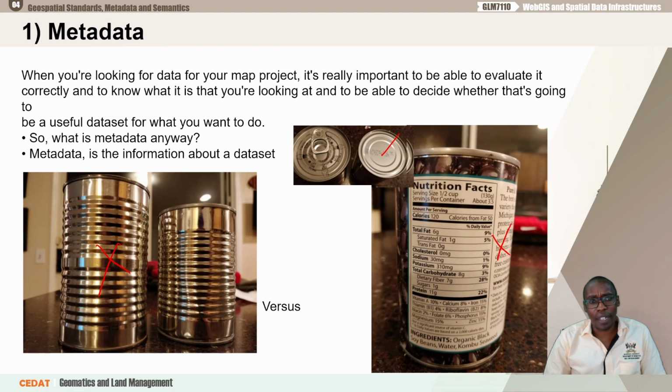What is this metadata? Metadata is data about a data set. The word meta means a description of that artifact. So metadata is basically a description of that data set so that it can be discovered.